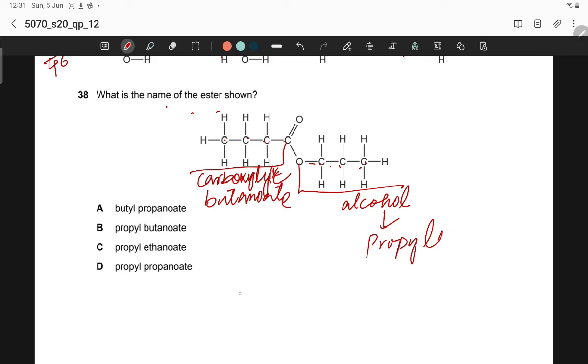The name is propyl butanoate. B option is correct.